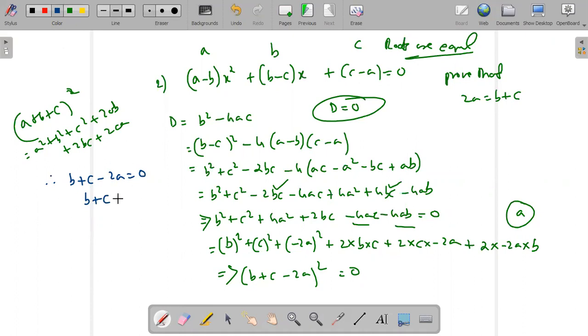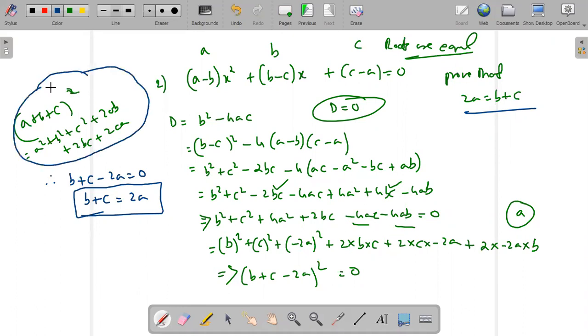I'm going to transfer this side, I'll get b plus c is 2a, and this is what I had to prove: that 2a is b plus c if the roots of this quadratic equation are equal. Roots are equal, so the discriminant was 0. I applied that formula, and this identity which you did in class 9, a plus b plus c whole square. Using that, I got this, and once I get this, I'm able to prove this.